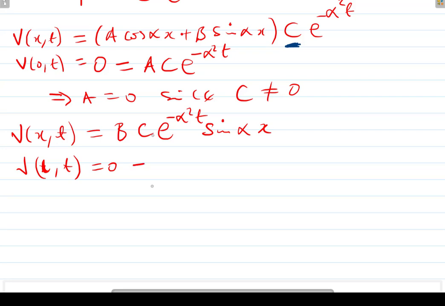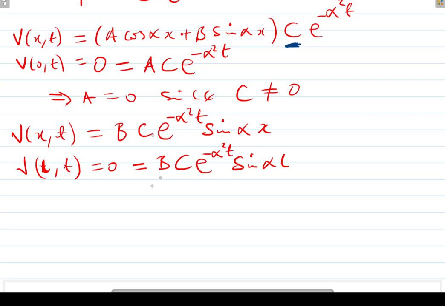Now where is x, we're putting L here. So we have b c e to the negative alpha squared t sine alpha L, like this, is equal to 0. Now again, b cannot be 0. c we have already established is not 0.